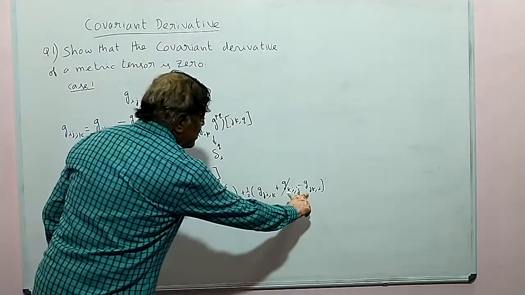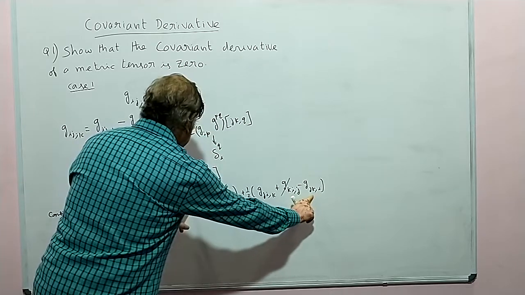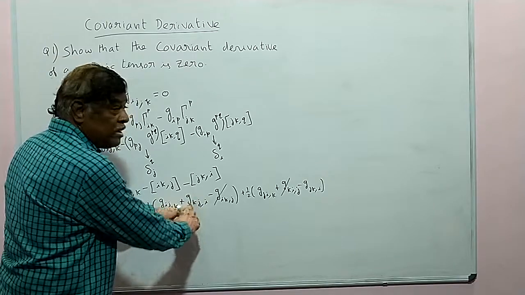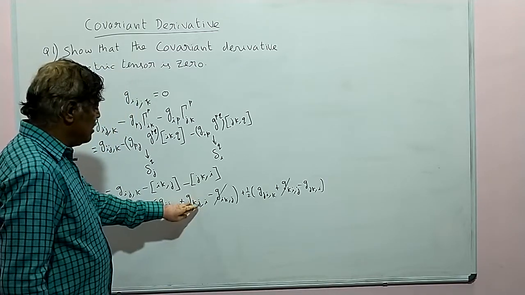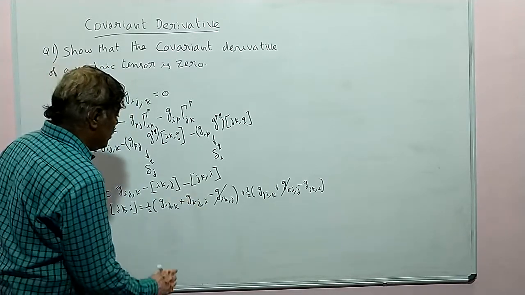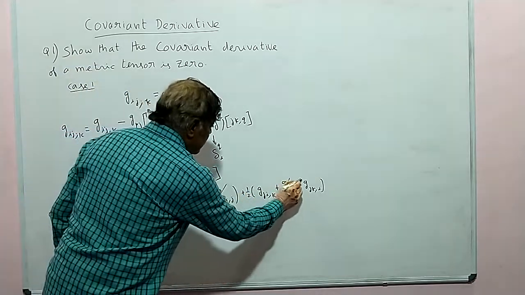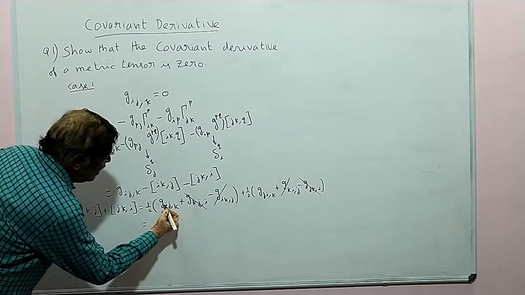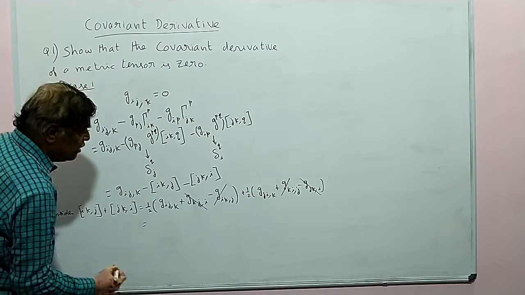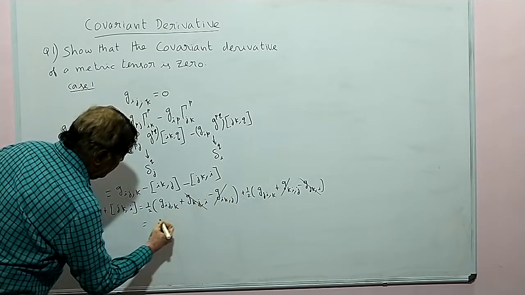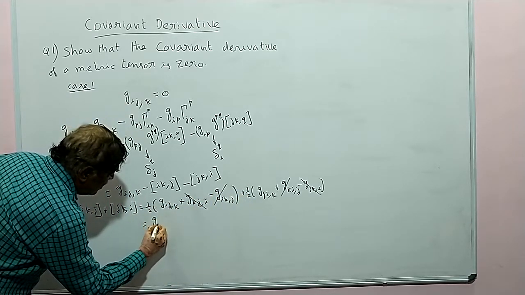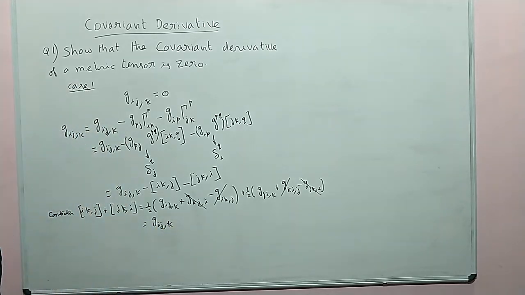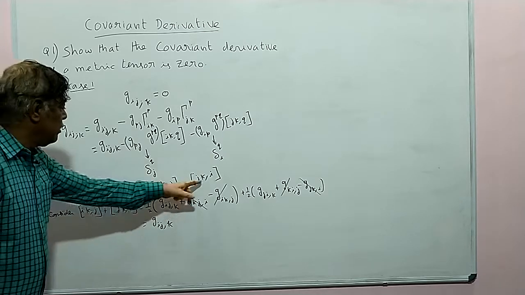Similarly, minus g_jk comma i, and here g_kj comma i; g_kj is equal to g_jk because it is symmetric with respect to these indices. So these also cancel. Finally, g_ij is equal to g_ji, so there is a half and a half. Once you add, you will get g_ij comma k. So these two terms give this.